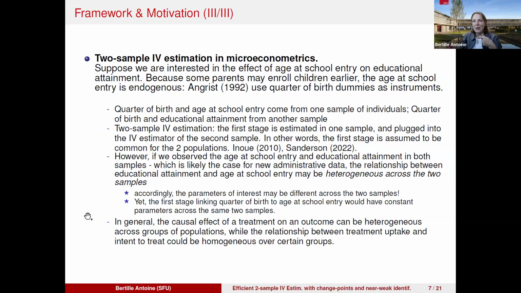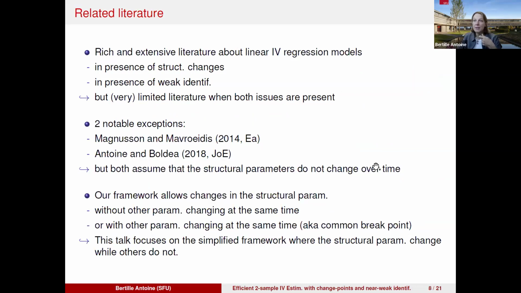All right, so I hope I have done enough to convince you that it makes sense to look at a situation where we have a stable first stage and a second stage that would be abruptly changing. So let me briefly talk about related literature before moving on. There is a rich literature on linear IV models in the presence of abrupt changes, or in the presence of some kind of weaker identification.